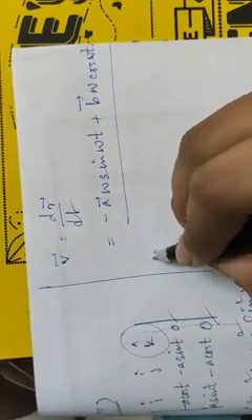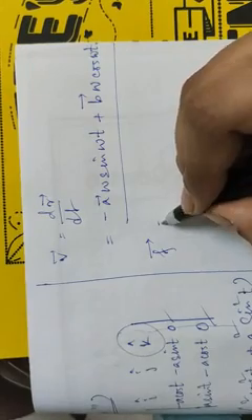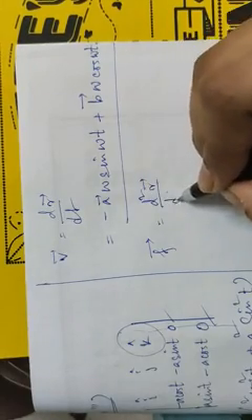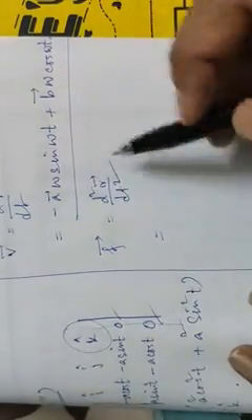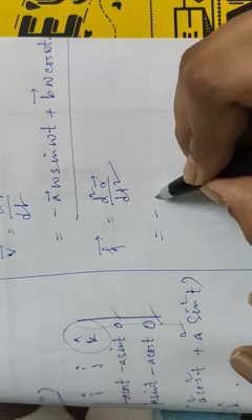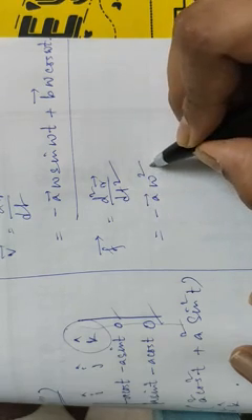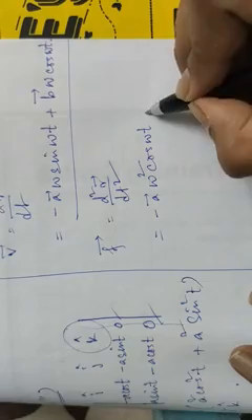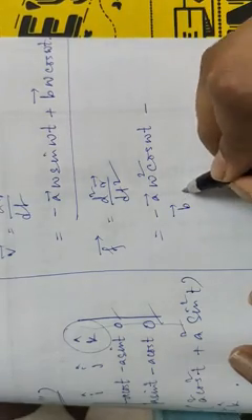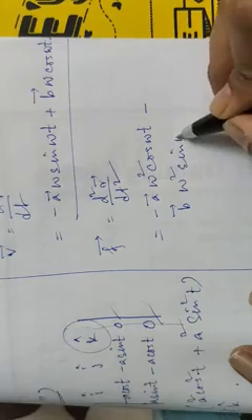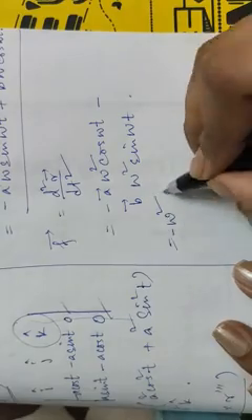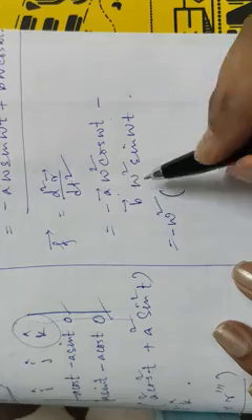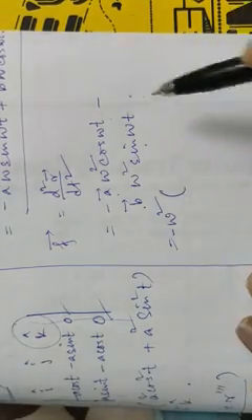Next is acceleration f, which is equal to d2r/dt2. Now again find the derivative. So it will be minus a omega square cos omega t minus b omega square sin omega t. Now if you take common minus omega square, it will be a cos omega t plus b sin omega t, which is ultimately our r.